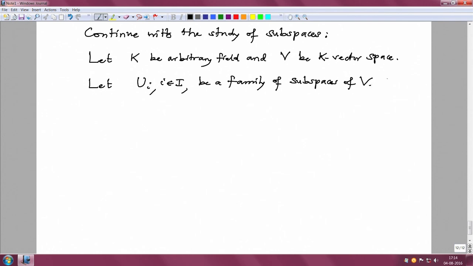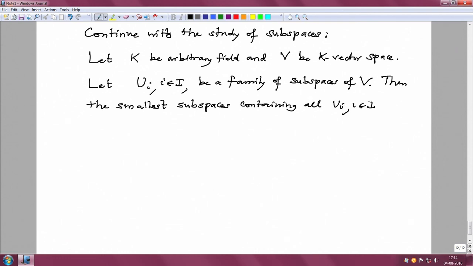Then the smallest subspace containing all these U_i's. Such a smallest subspace exists because V is one subspace of V which contains all U_i's. So definitely there is one subspace, and when you want to take the smallest, you take the intersection of all of them which contain all the U_i's.